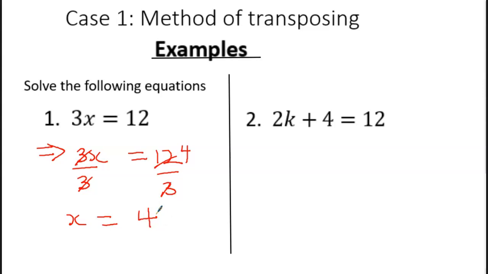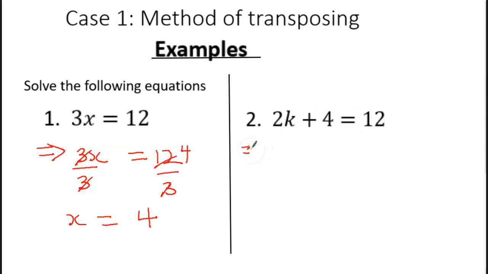Now let's look at another aspect of transposing. Solve 2k plus 4 is equal to 12. Now we want to find k here. So first we need to move 4 to this side. As I explained already, ideally you first subtract 4 from each side of the equation.